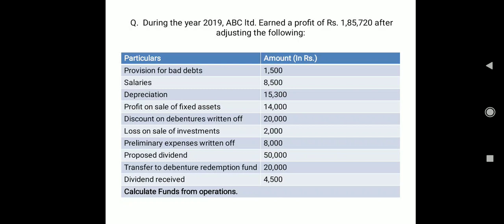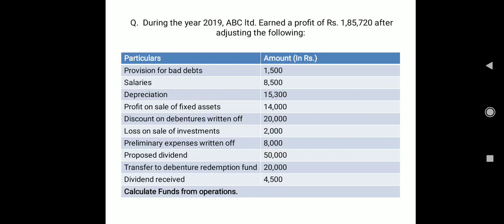Okay, so if we check very quickly which items there are: provision for bad debts. Fortunately or unfortunately, we got the first item, which has an impact on your working capital.